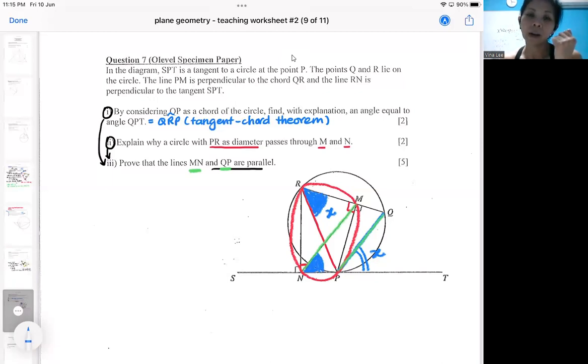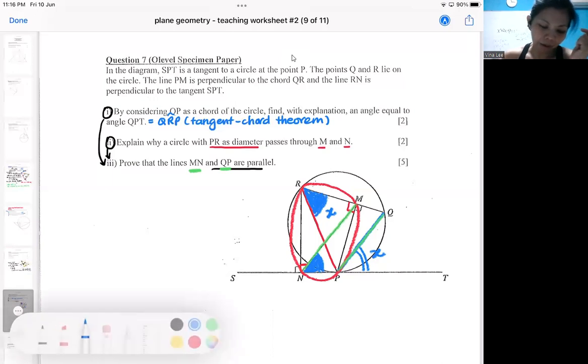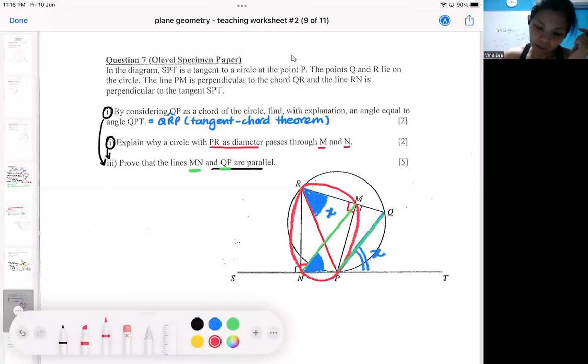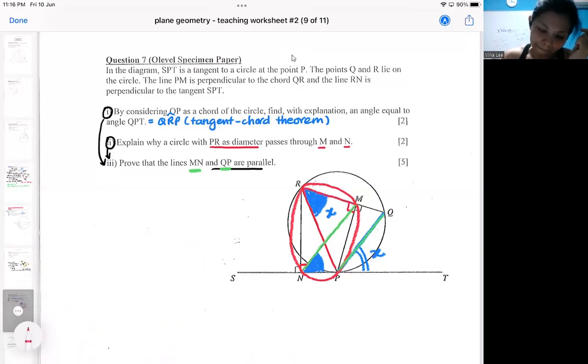So these two are angles in the same segment in the red color circle. So it is the angle in the same segment, but belonging to the red circle. So maybe if I draw like that, you can see.